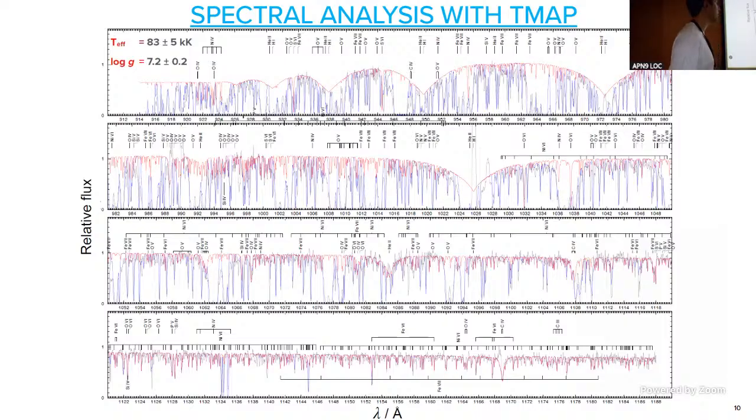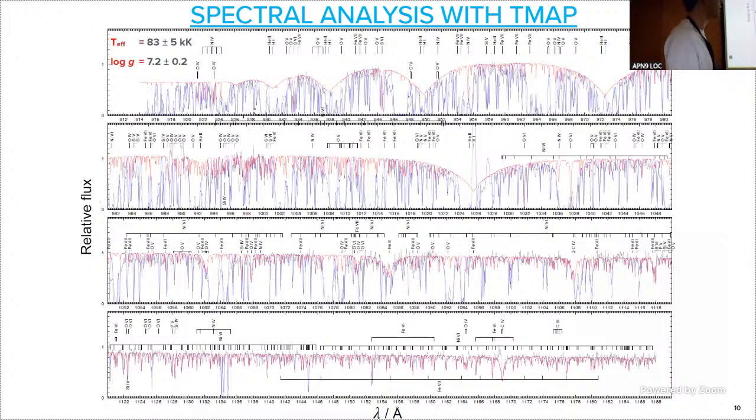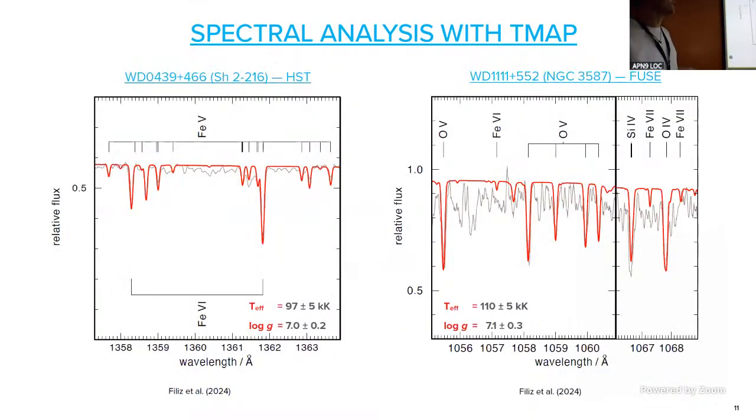We used multiple ionization equilibria, such as carbon 4, carbon 3, oxygen 5, oxygen 4, oxygen 6, iron 6, and iron 7, to constrain the effective temperature. By ionization equilibria, I mean, here are two of the central stars, one of them in the HST region and the other in the FUSE region.